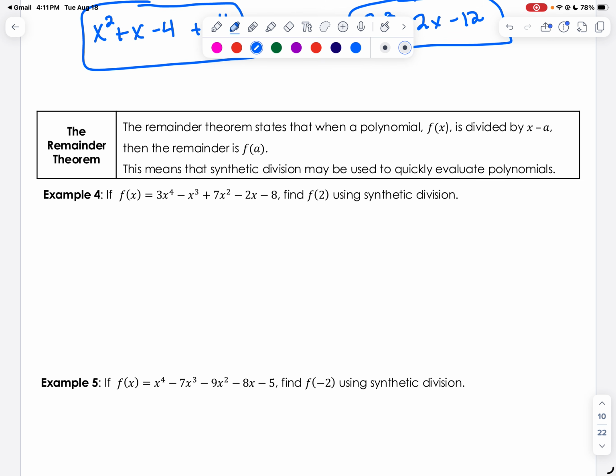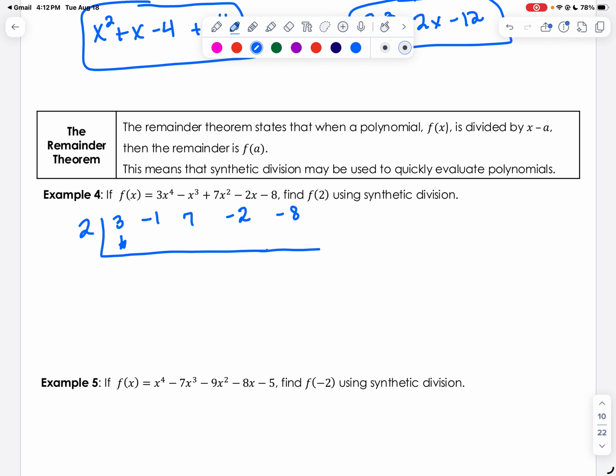If we want to find f of 2 using synthetic division, I would simply take the 2 and then use your coefficients here. 3 for 3x to the 4, minus 1 for negative x cubed, positive 7 for 7x squared, negative 2 for negative 2x, and then negative 8.